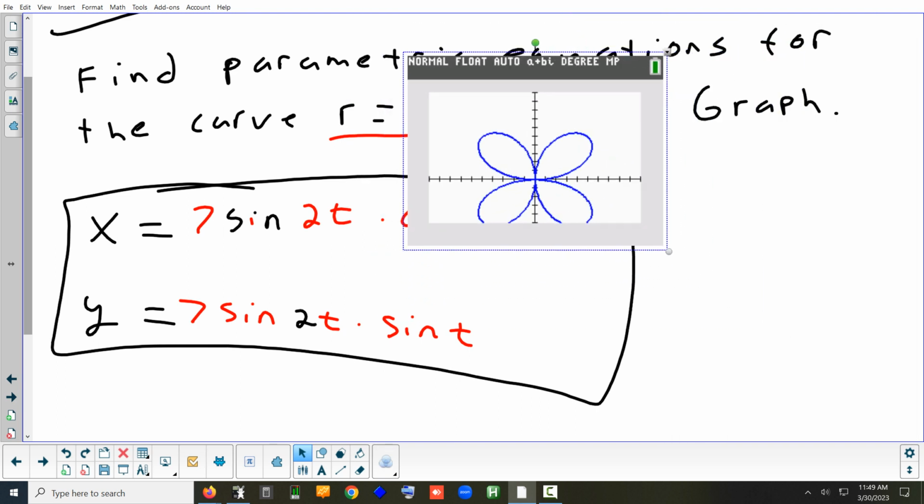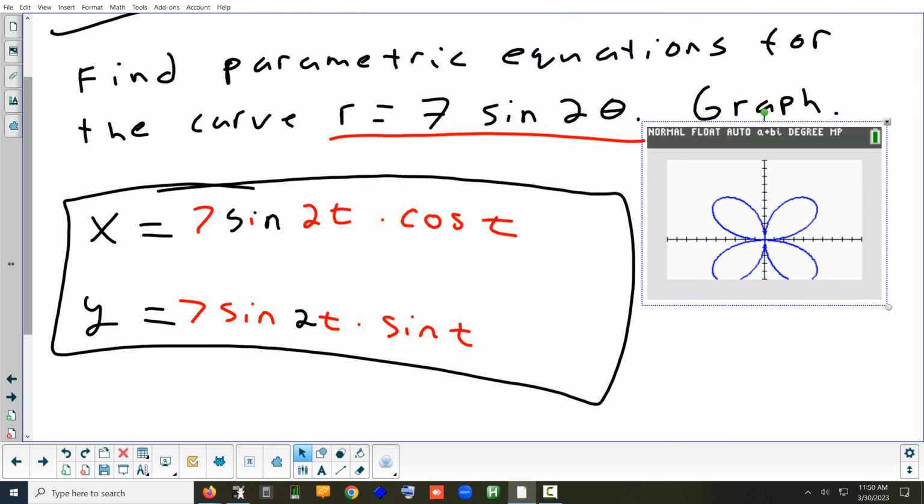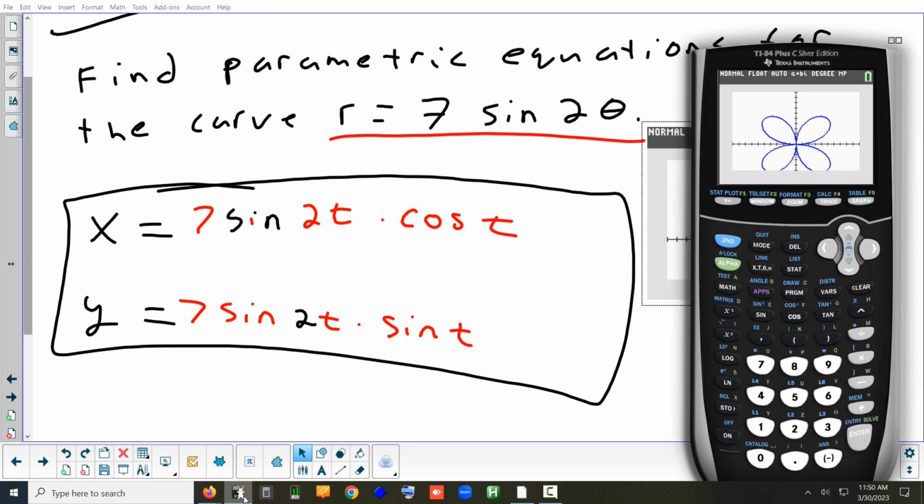So that was polar. Now let's type it in parametric and see if we get the same shape. What am I typing in for x in parametric? 7 sine 2t times cosine t.